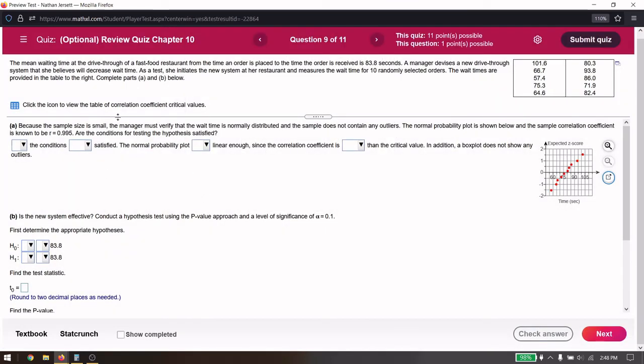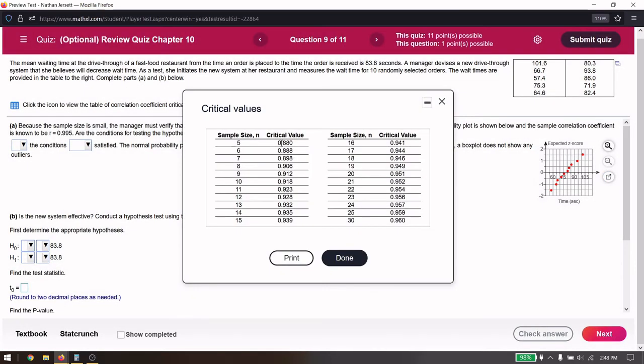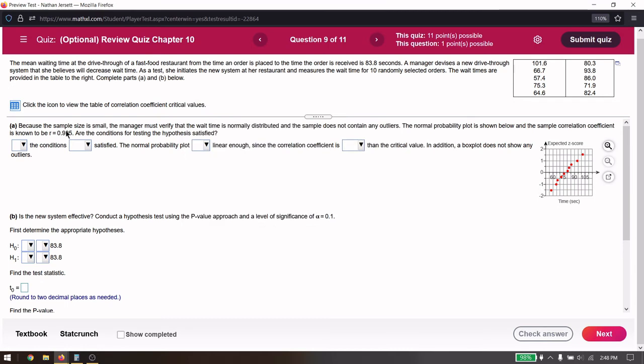So are the conditions satisfied? Well, we can use this table, and it says sample size is 10, and the critical value is 0.918. If this value is greater than that, then the conditions are satisfied, and this is, right? So yes, the conditions are satisfied. The normal probability plot is linear enough since the correlation coefficient is greater than the critical value.